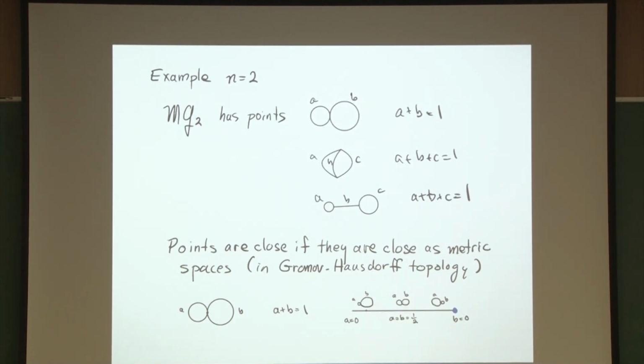In the middle of the line, a and b have equal lengths. Towards the right and the left, well, you can't make b shrink all the way to 0 because that would change the fundamental group, and you also can't shrink a all the way to 0. Oops, that's a blue point. So it's an open interval, a plus b equals 1.